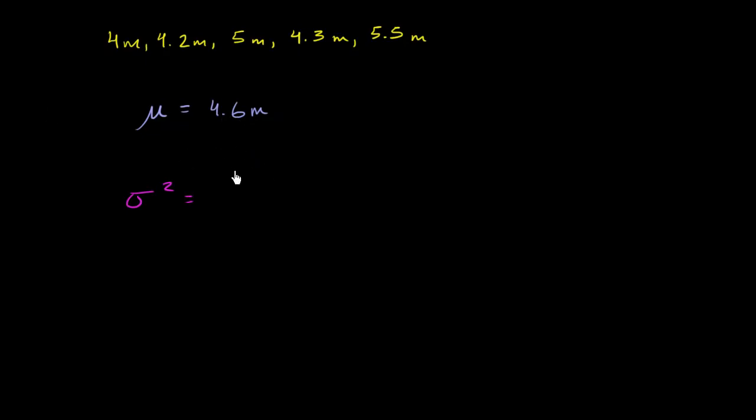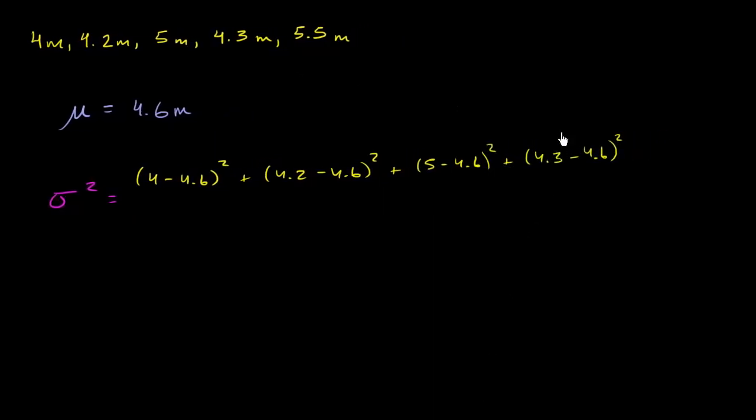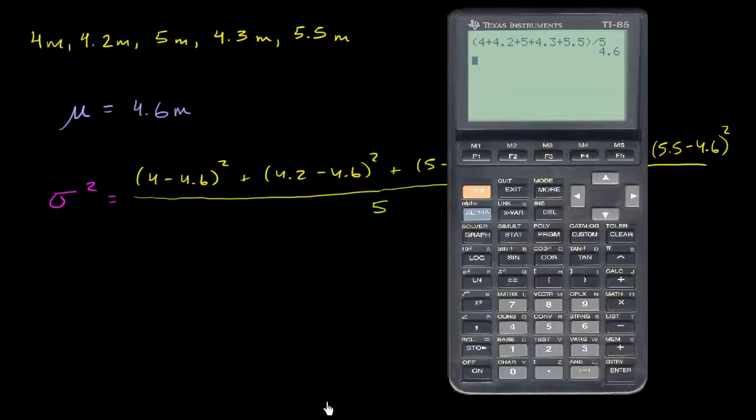So it's going to be 4 minus 4.6 squared plus 4.2 minus 4.6 squared plus 5 minus 4.6 squared plus 4.3 minus 4.6 squared, and then finally, running out of space, plus 5.5 minus 4.6 squared, and then we're going to divide all of that by 5 to get our population variance. And so what's that going to give us? Let's get our calculator out.